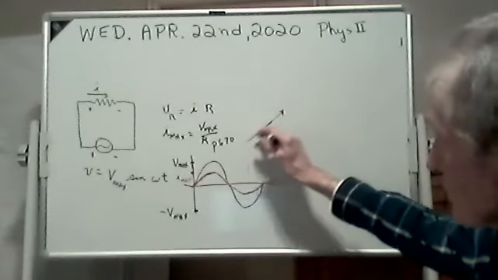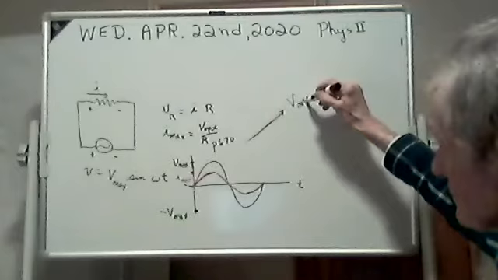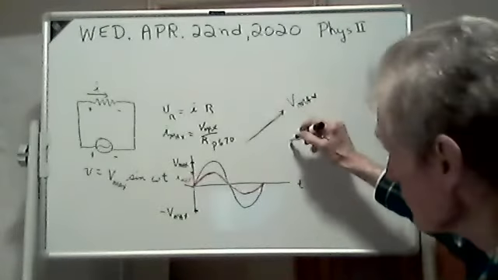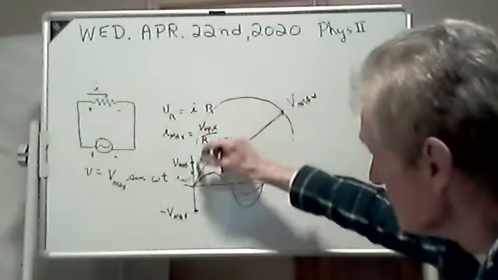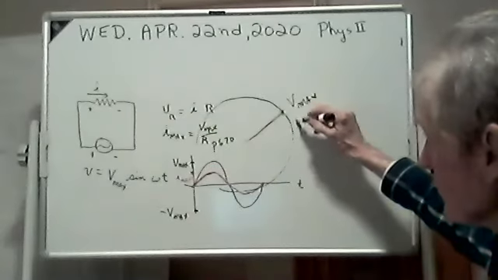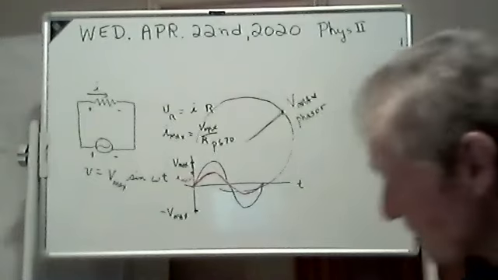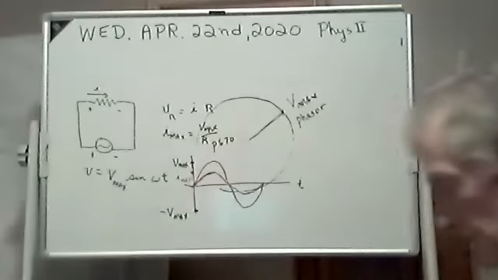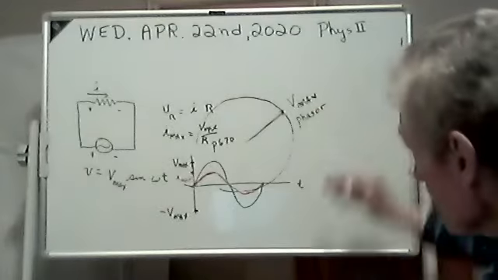But here's your voltage phasor. There's your Vmax. And see, it's spinning around in a circle. And this thing is called a voltage phasor. That's the name of it. And what a voltage phasor is, it's a rotating vector.